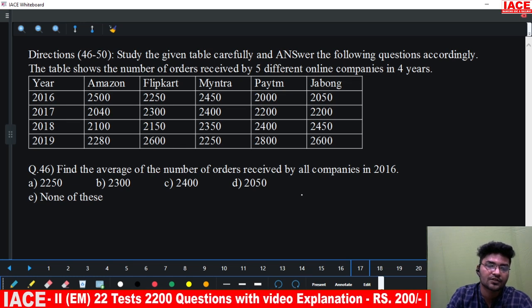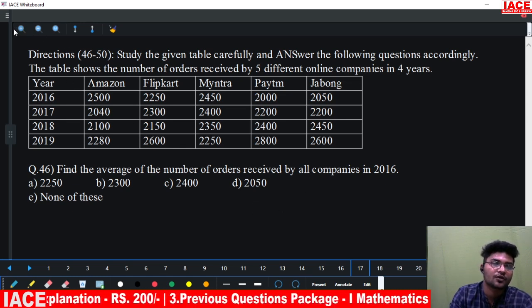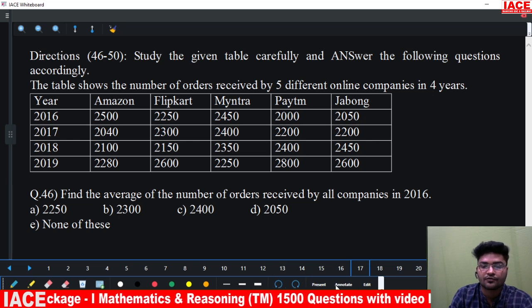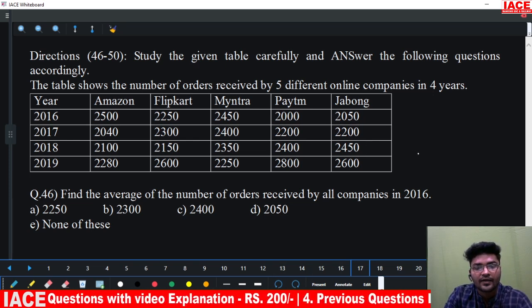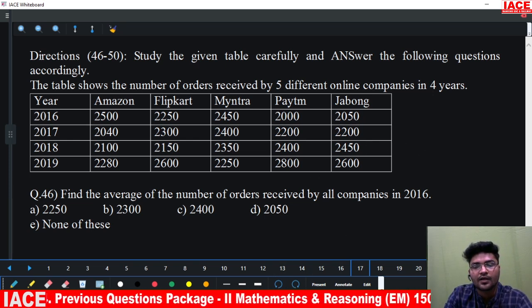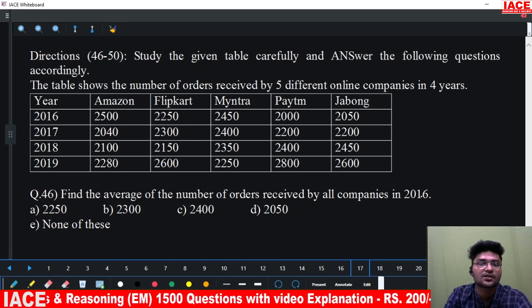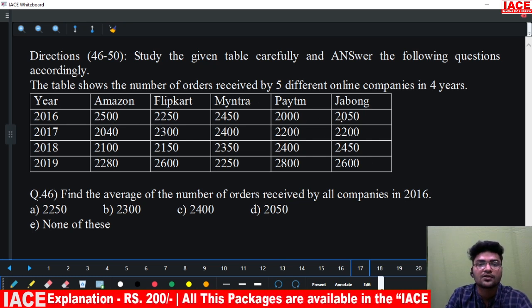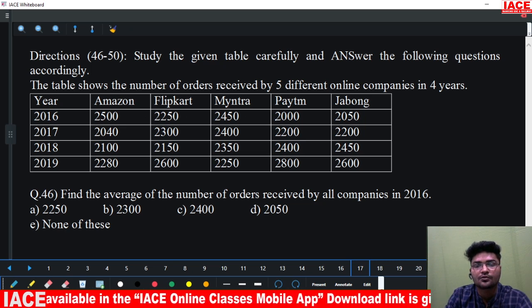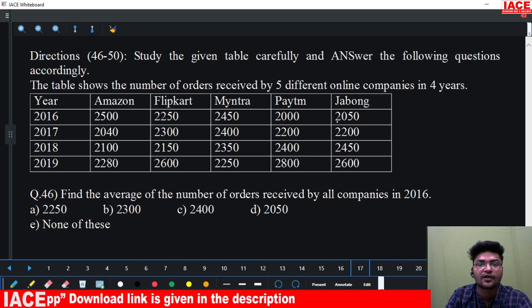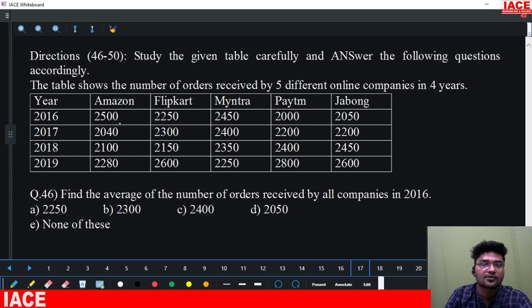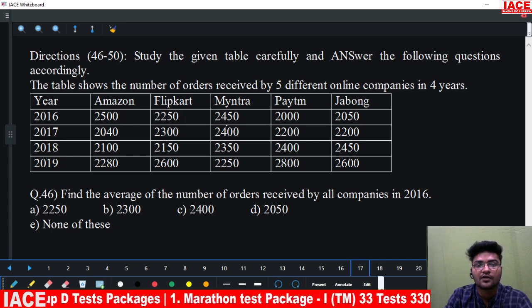So what is the question? First question, 46 is saying find the average of the number of orders received by all companies in 2016. What is the average? So 2000, everywhere it is 2000. 2000 into 5 is 10,000. Next 10,500 plus 250 and 450.